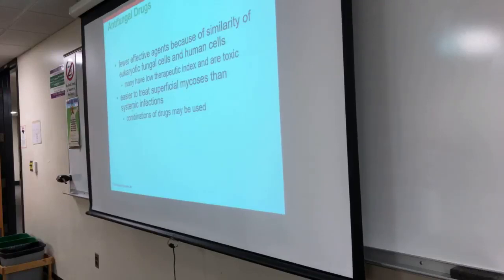Unlike a bacteria where you could target their ribosomes, because their ribosomes look a whole lot different than your ribosomes, or you could target their cell wall because you don't even have a cell wall, right? Fungi really don't have all that many different structures that you don't have. Does that make sense? They're more closely related to you, and that's why it's harder to treat fungal infections, and that's why fungal treatments tend to be toxic to you as well, right? Does that make sense?